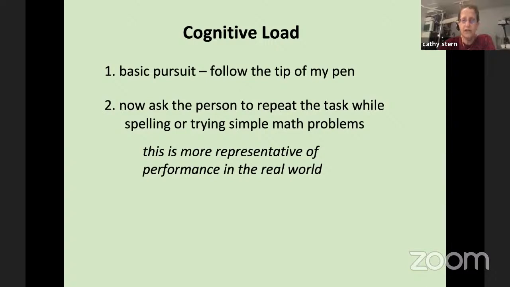So that basic pursuit skill is not going to serve them well in the real world, because they cannot do it at such an automatic level that they can now do these other tasks. When these visual skills work well, they kind of sit in the background. I always say to patients, it's like the operating system of a computer.